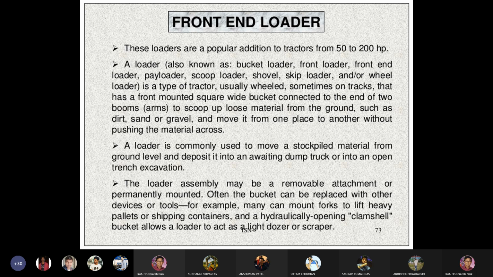All these equipments which are used in open cast mines are called heavy earth moving machinery, HEMM.